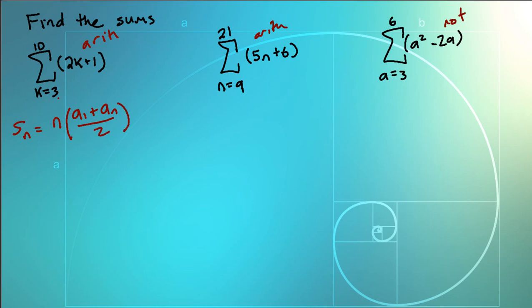And this is divided by 2. Okay, so n. Well, how many terms do I have right here? Well, we'll get to that in a minute.